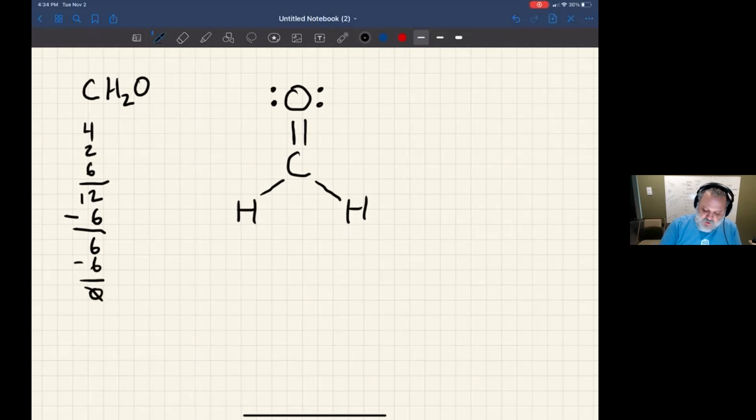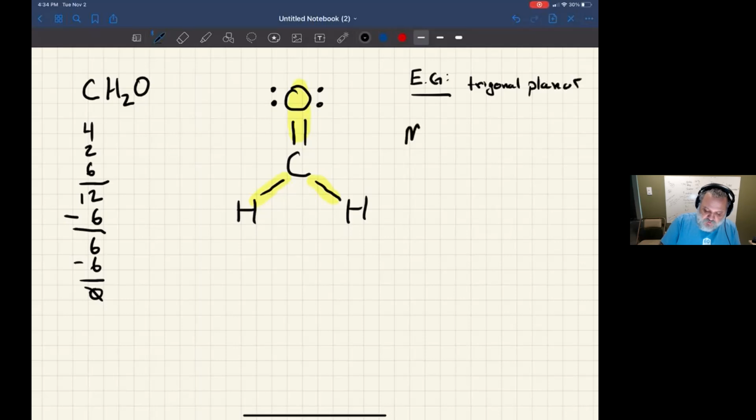Okay, so let's figure out the electron geometry. The electron geometry is where I'm going to count the geometry groups. Well, it looks like there's 1, 2, and remember, double bonds only count as 1 geometry group, 3 geometry groups. So the electron geometry is trigonal planar.